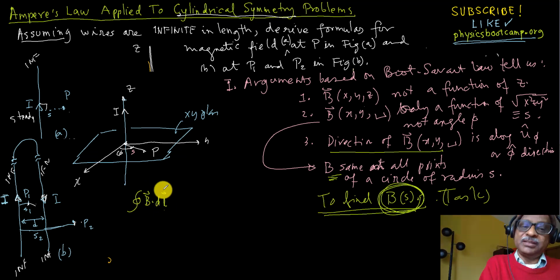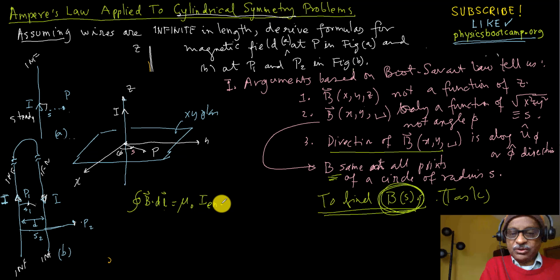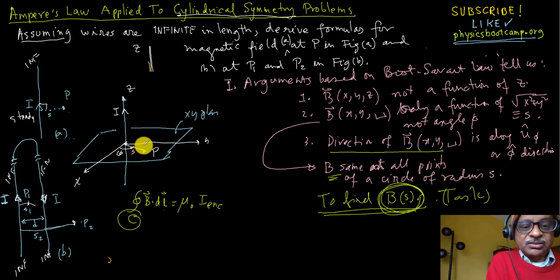Now this dl is different than the dl we originally used, and this mu naught has no 4 pi over here, and this is not all the current but just the charge enclosed. So I'm going to use a circle in this xy plane. So at all points B will have the same value.